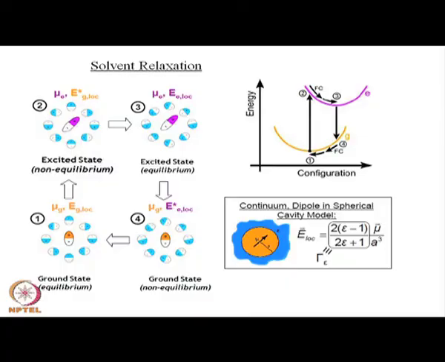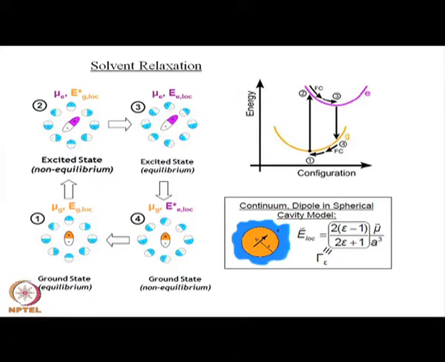Typically, we take some dye, some fluorophore, and we do this time dependent measurement to find out the time dependent fluorescence information.